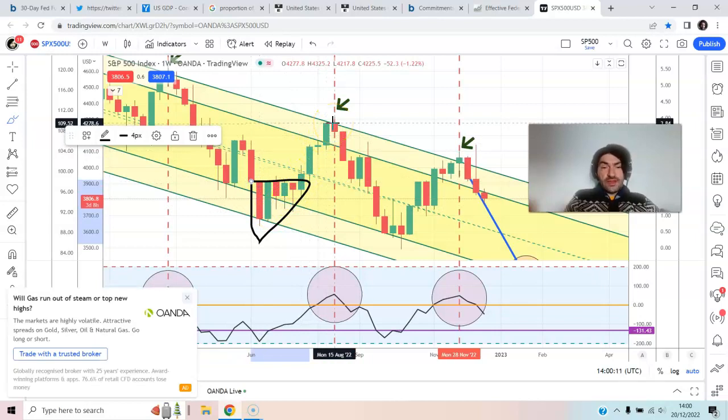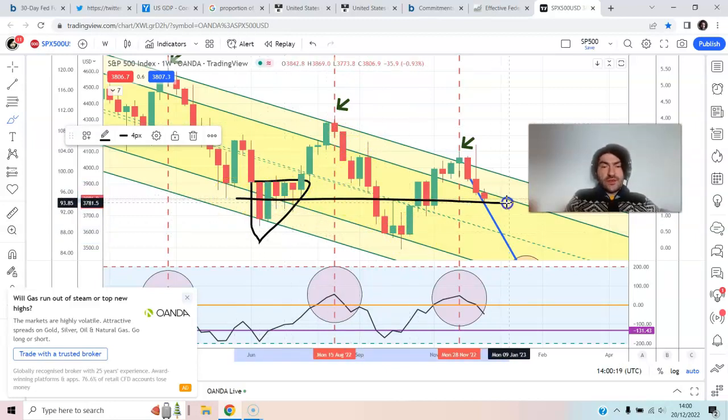Then we got to the middle of August and came back. This was the 3,800 level, and that's where we are now. We haven't really interacted with that level much since then. This is 3,750 in end of October, early November, but that's about it really.